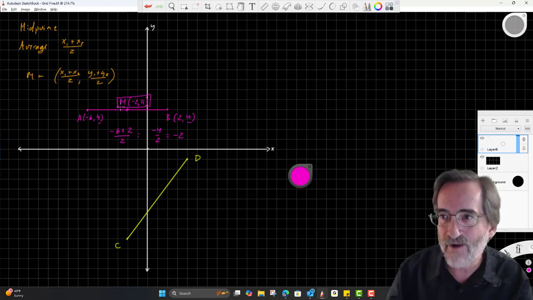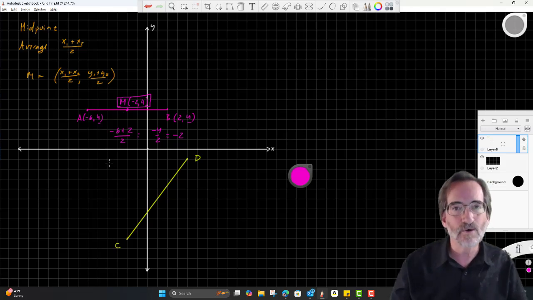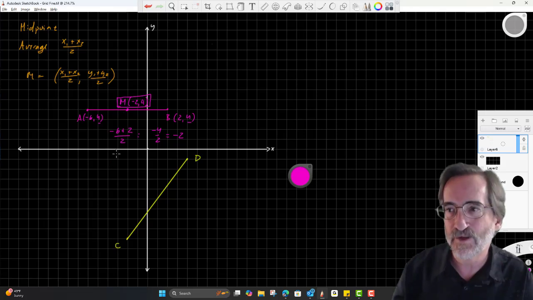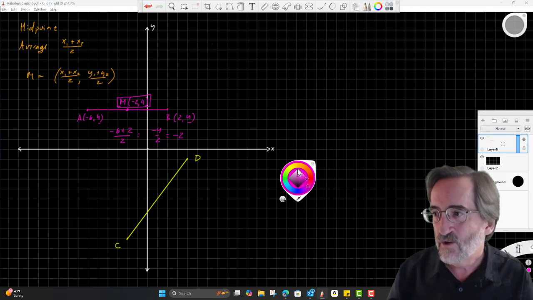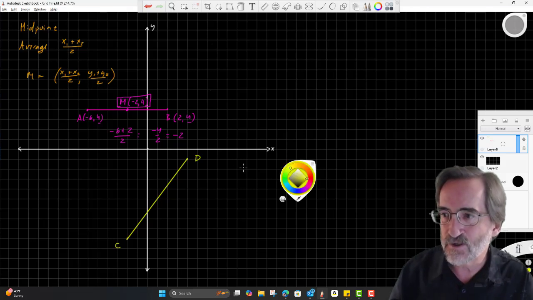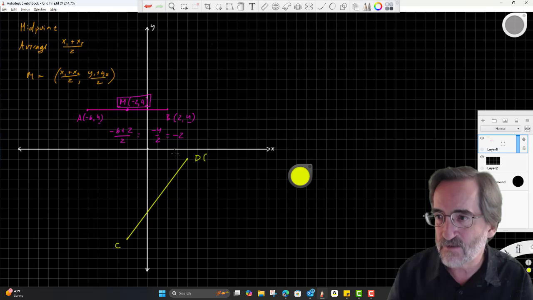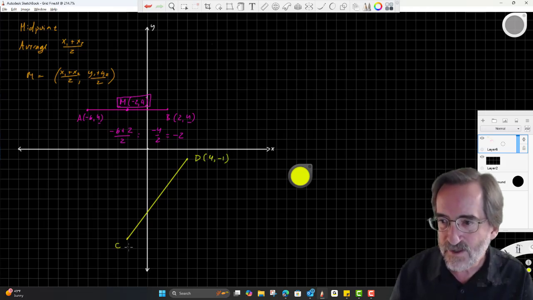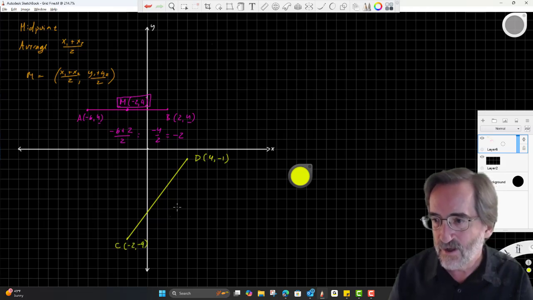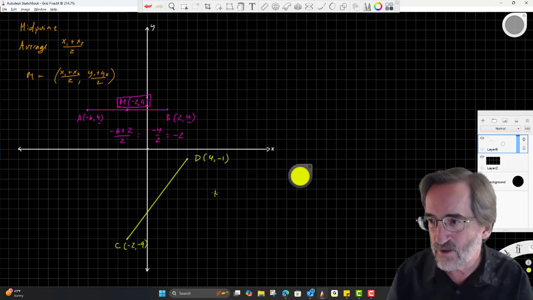Okay, so the average of the x's, the average of the coordinates, add them up and divide by 2. That's really what it comes down to. When we have 2 dimensions to deal with, as in this case, D being 4, negative 1, and C being negative 2, negative 9, then the midpoint is the average of the x's.